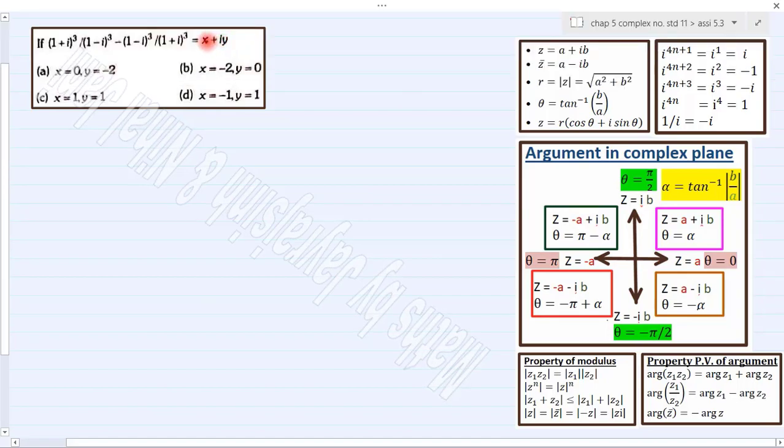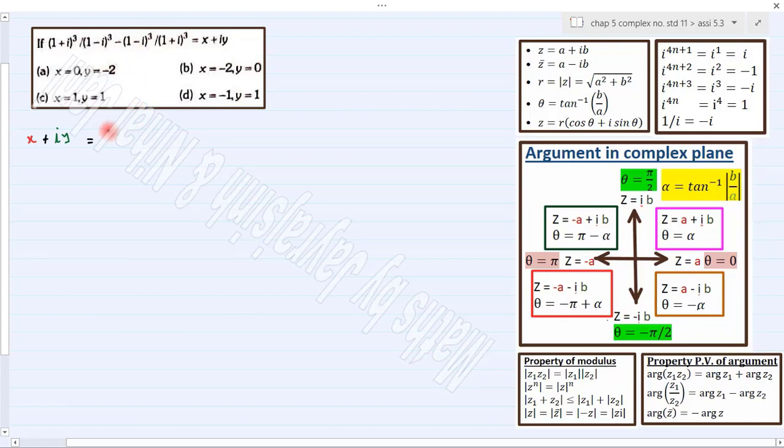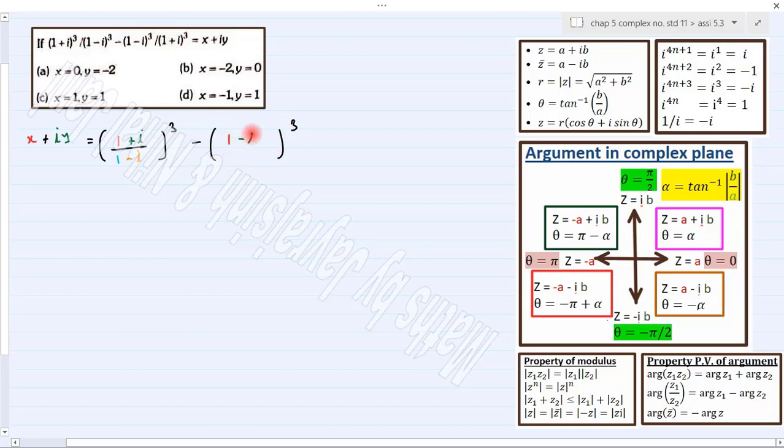In this question, we have to find x and y if x + iy is equal to (1 + i cube)/(1 - i cube) minus (1 - i cube)/(1 + i cube), or we can say the whole cube of (1 + i)/(1 - i) minus the whole cube of (1 - i)/(1 + i).